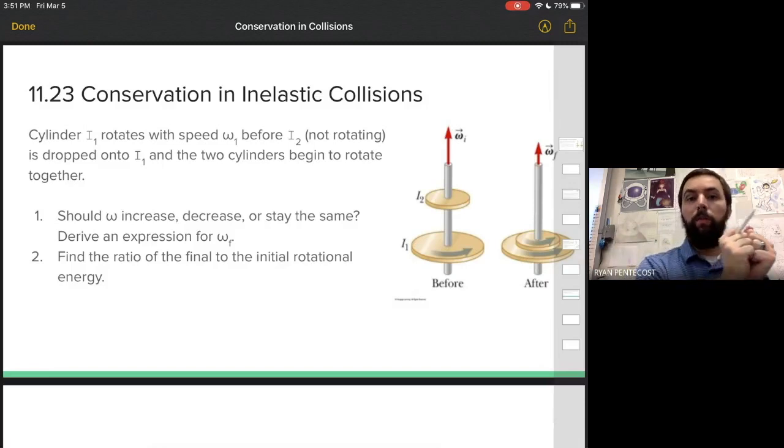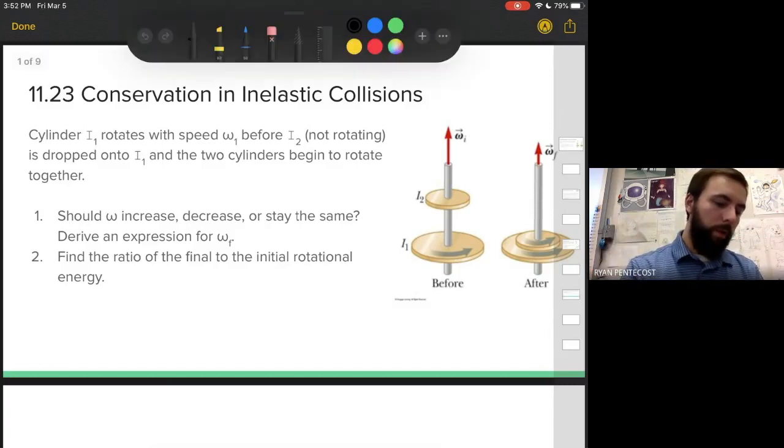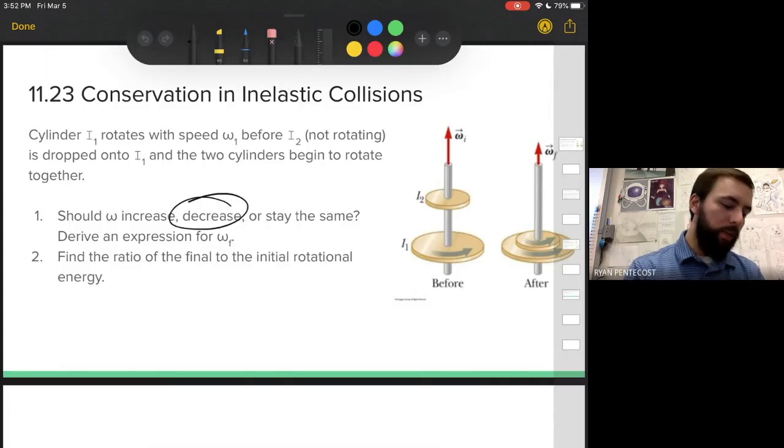If they continue moving as one mass with the same velocity, then you add their masses, but the velocity will be slower than it was before. So we're going to intuitively say that this should decrease, but our expression should prove this.